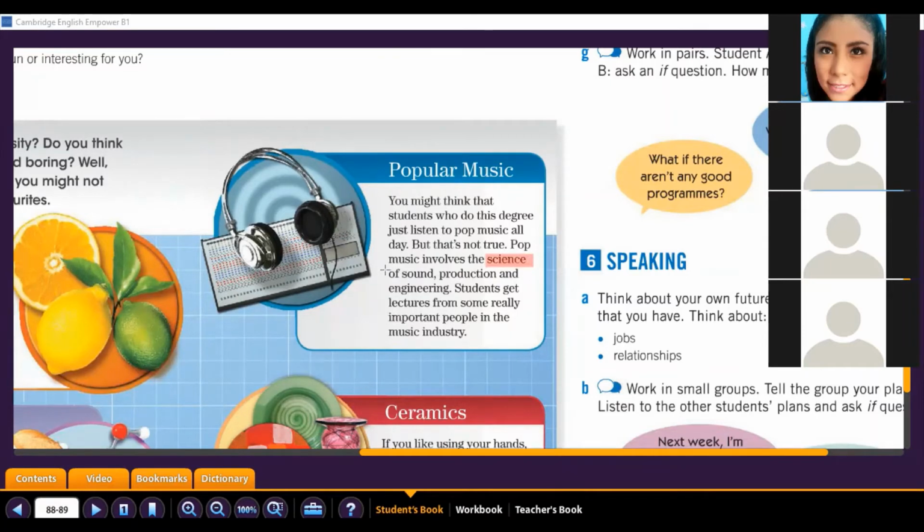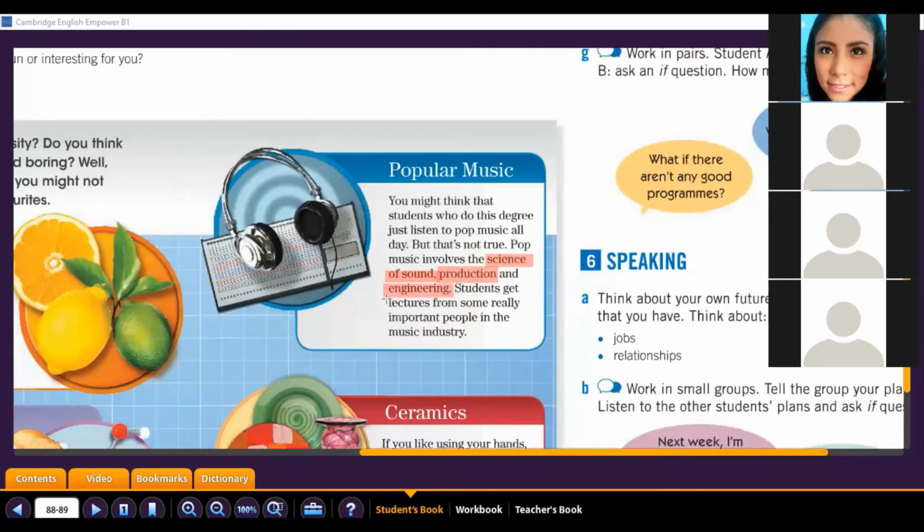Sí, esto quiere decir que ellos deben estudiar el sonido, ¿no? Física. Sí, ellos estudian todo lo que tiene que ver con ondas y la ciencia del sonido, ¿no? Production, como producir, en este caso, las canciones, and also a little bit of engineering.